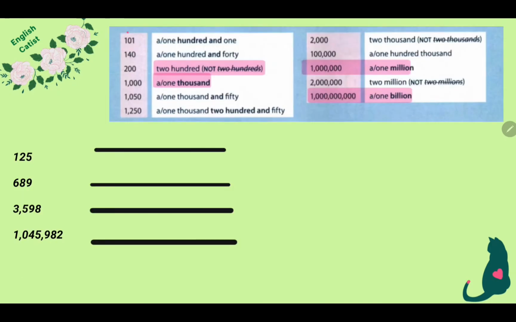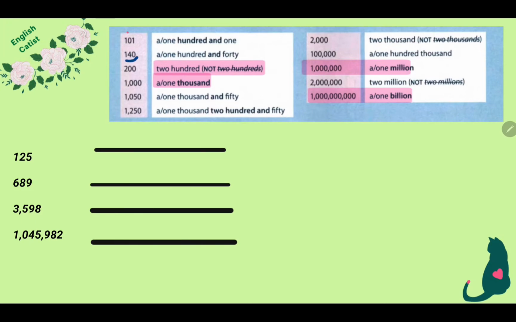Now we want to learn about larger numbers. Let's start with the first one. Look at here. It is 101. Okay, so you can see that after 100 we use the word "and", 100 and 1.